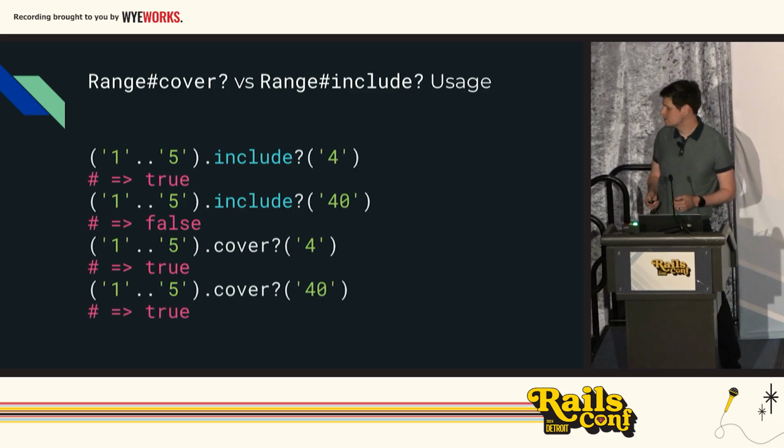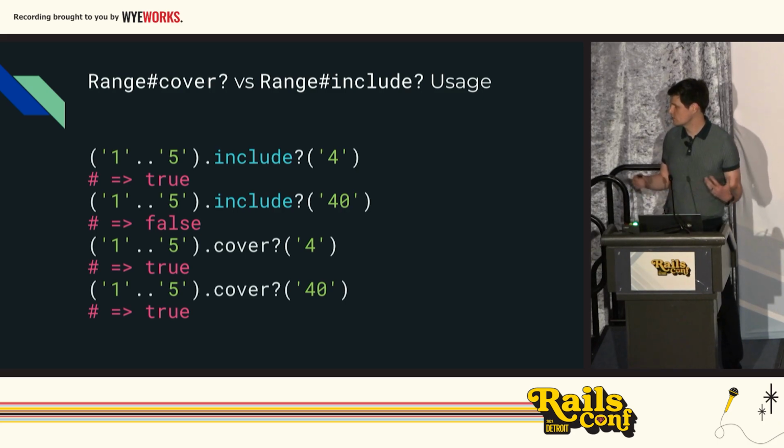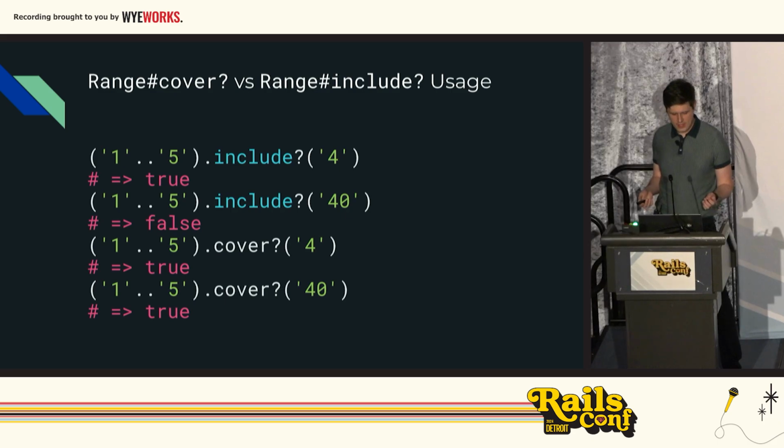But as soon as we go away from numeric ranges and move to non-numeric ranges, like with strings, we can see one little difference. And that is that with the cover method, 1.5 says that it covers 40. Numerically, this is not true.